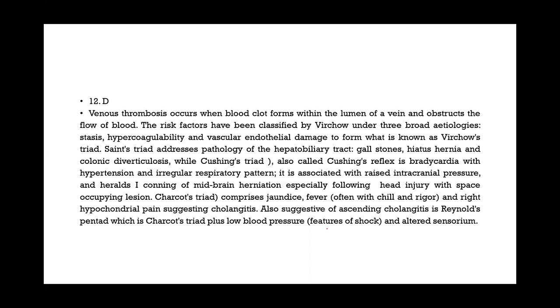Now, ascending cholangitis is when the cholangitis now involves the liver, where you have this triad. Also suggestive of ascending cholangitis is Reynolds pentad. Now, this Reynolds pentad is a severe form of ascending cholangitis, where the patient will develop low blood pressure, will tilt into shock, and have altered sensorium.